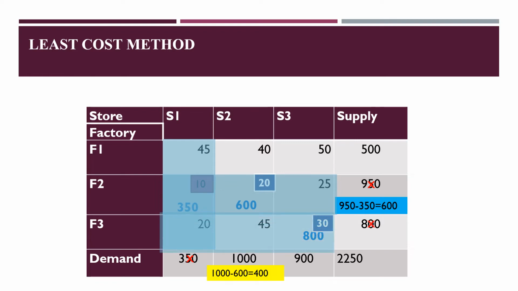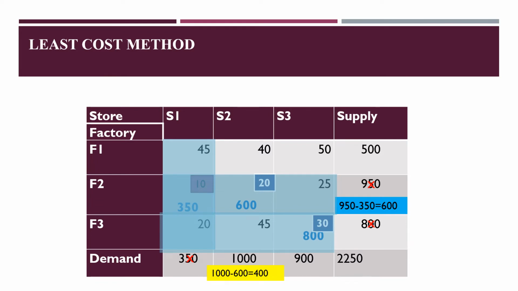Then, out of these two, what is the next lowest cost? That is 40. Here, how much quantity can we allocate? The quantity remaining is 400 because we have already supplied 600 units from F2 factory.